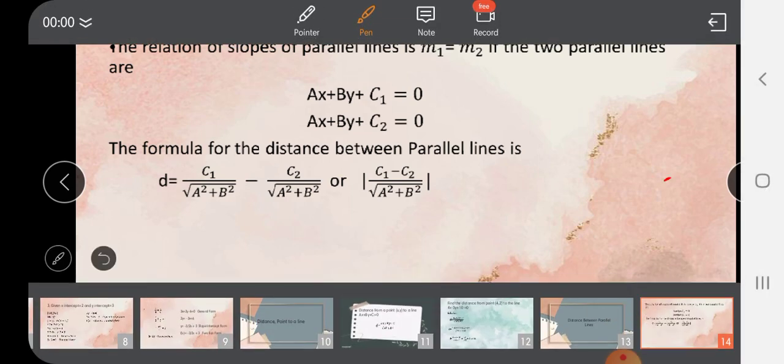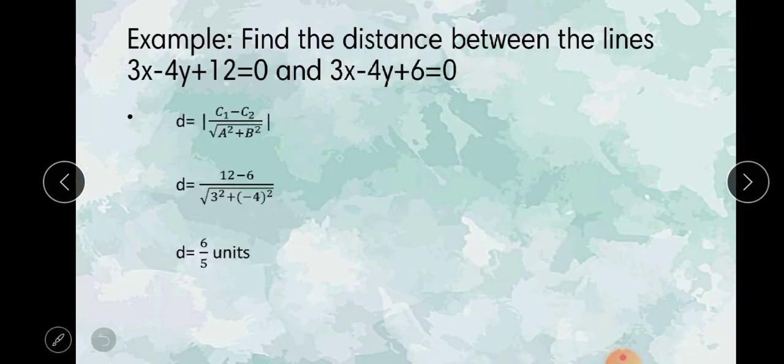For example, find the distance between the lines 3x minus 4y plus 12 is equal to 0 and 3x minus 4y plus 6 equals 0.